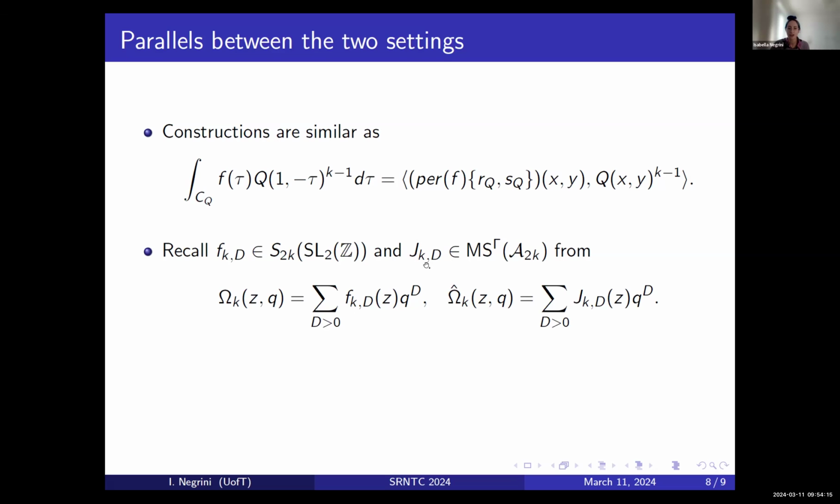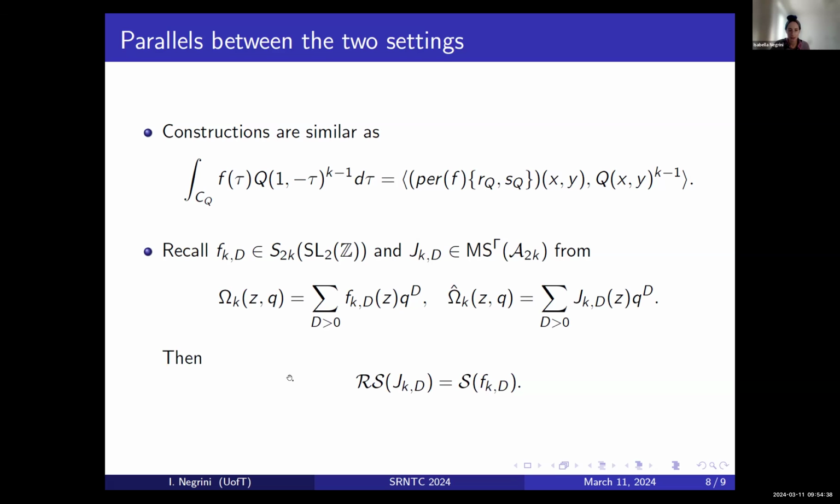And then remember these JKDs, which were rigid analytic cocycles, and they were the coefficients for omega hat, which is the kernel function for the, let's say, rigid analytic Shimura lift, okay? So now these FKDs are integral weight forms, and these JKDs are rigid analytic cocycles.